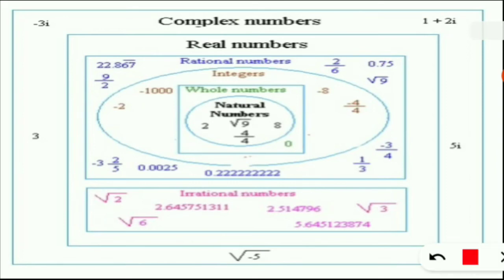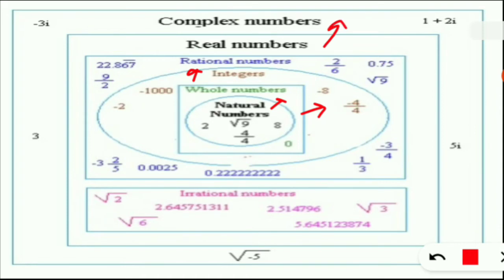Now students, that means all natural numbers are whole numbers, all whole numbers are integers, all integers are rational numbers. Okay, after that real numbers contain both rational and irrational numbers, and all real numbers are complex numbers, but the converse is not true.